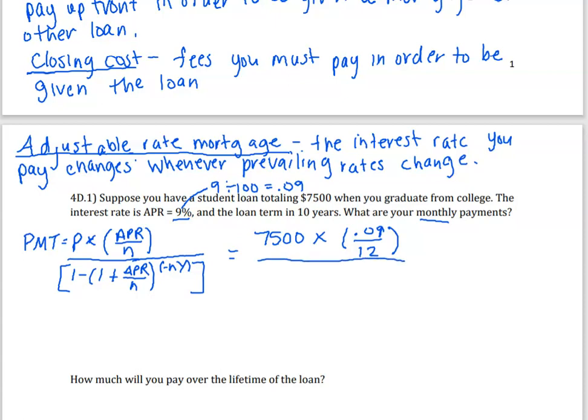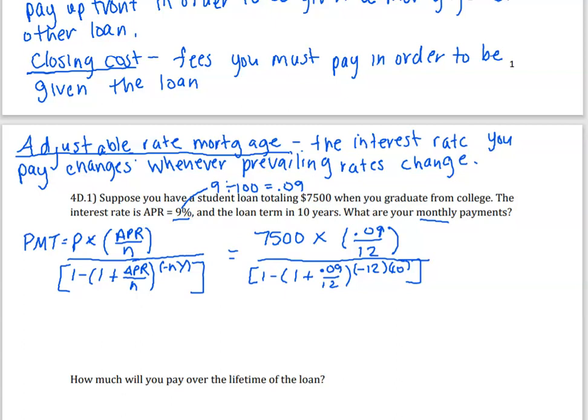Okay, and on the bottom, we have 1 minus 1 plus our APR, I'm following this formula, over 12, raised to the negative 12 times however many years this is going to take, and I've got 10. It says I've got 10 years to pay off that loan.